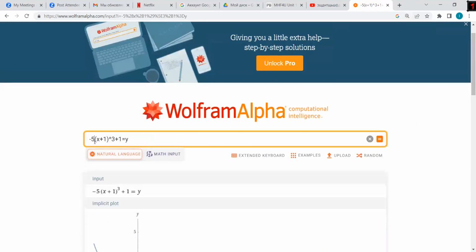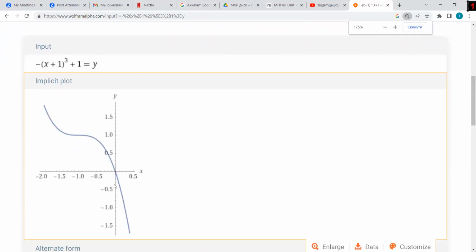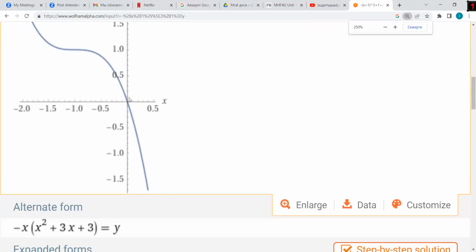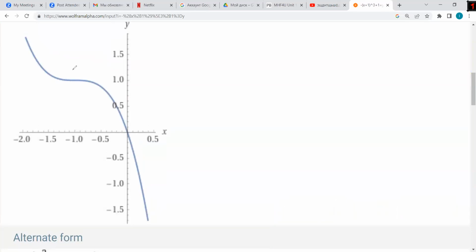And let's see where it passes the x-axis when we have a coefficient of -1. And here it's passing at 0, right? Look. So it's less intense. So it takes more time for this curve to go down. But when we increase the A coefficient, for example, A equals 5 or -5, the graph would become steeper.